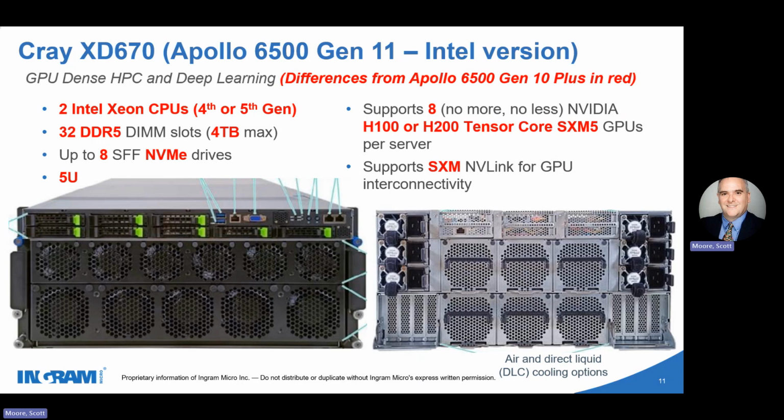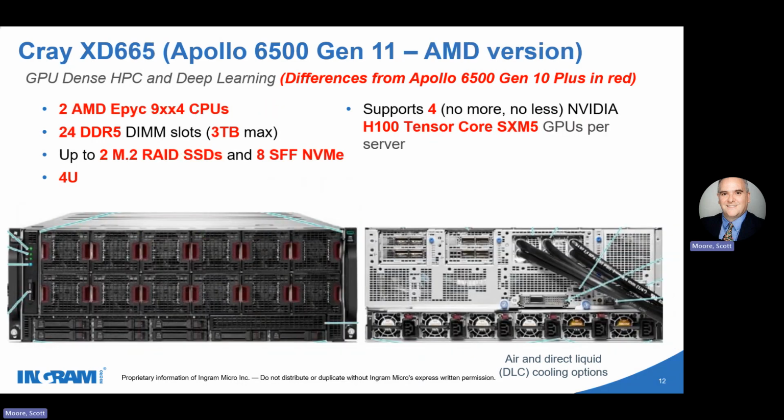Now, there are 2 similar AMD versions. First, we'll look at the Cray XD 665. Cray XD 665 is a 4U box, has 24 DIMM slots for a max of 3 terabytes of memory, and supports 2 EPYC 9004 series CPUs.